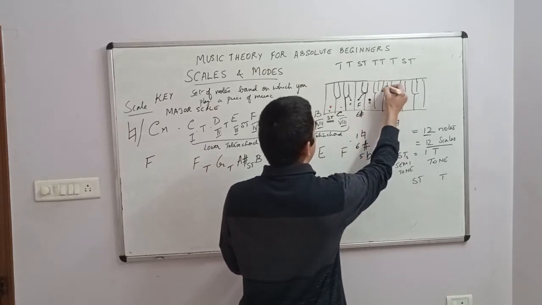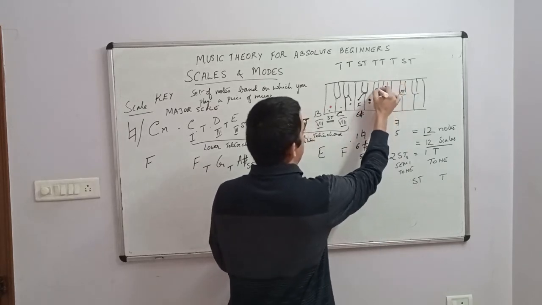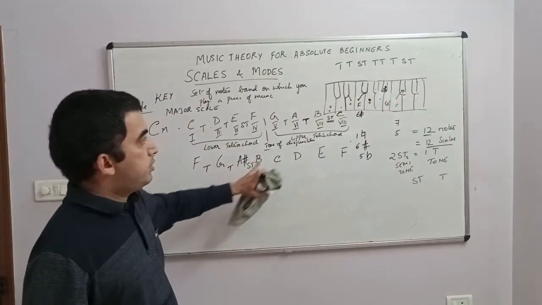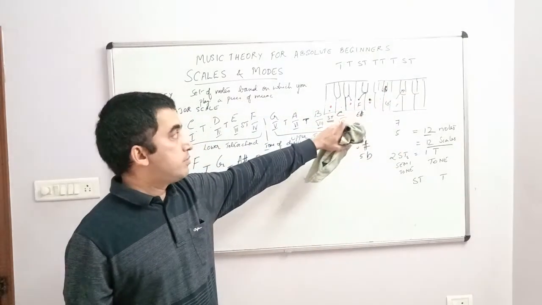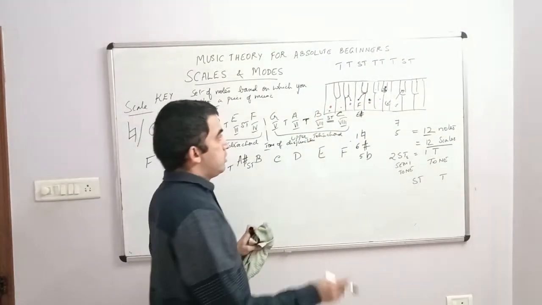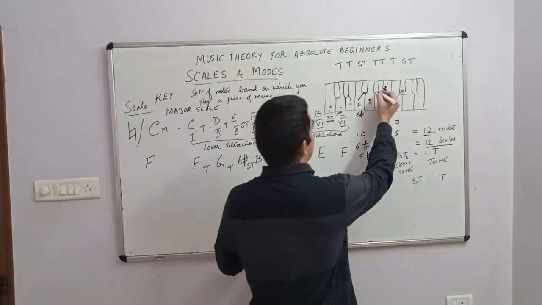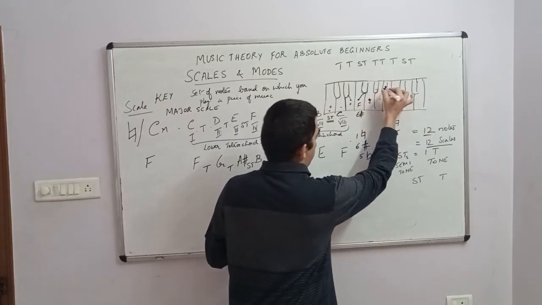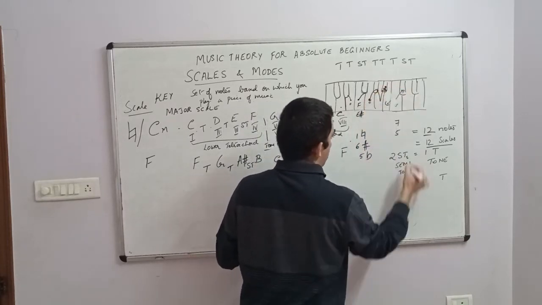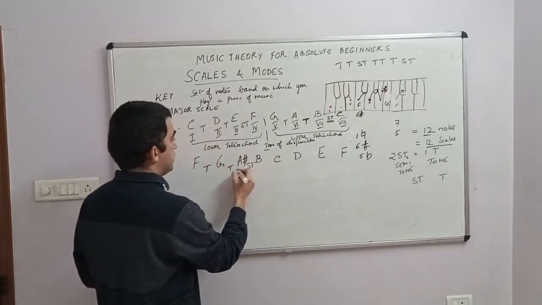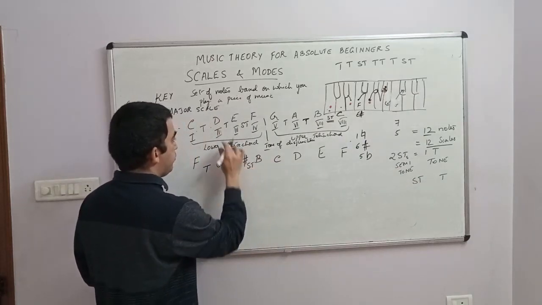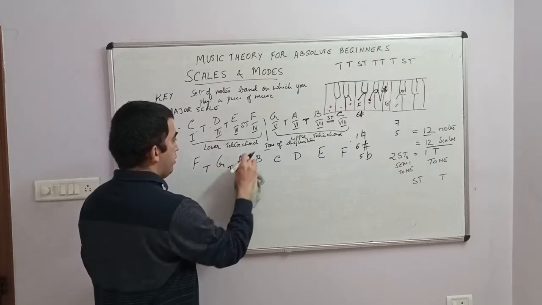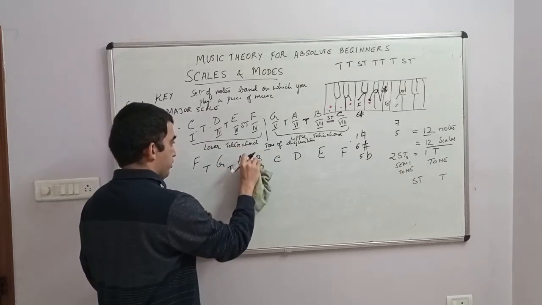G to A sharp, right? So G 1, 2, 3. From a tone distance it becomes 3 semitones. Are you understanding? So the problem is G to A sharp is 3 semitones, instead of what we need, which is 2 semitones or a tone. So that is why we cannot make it A sharp.